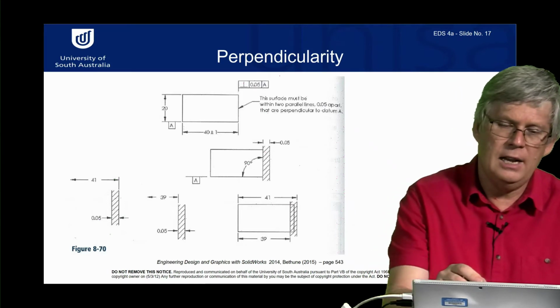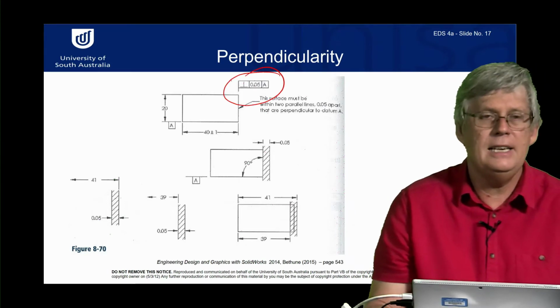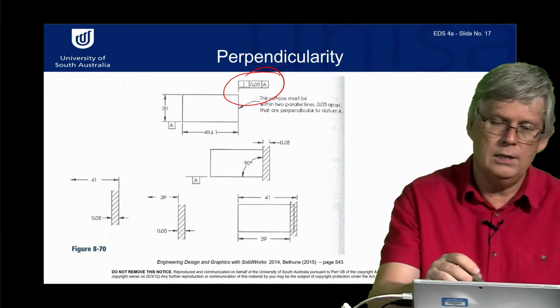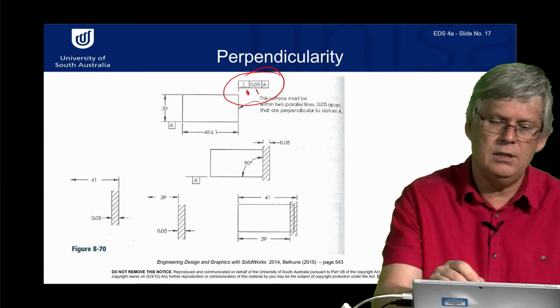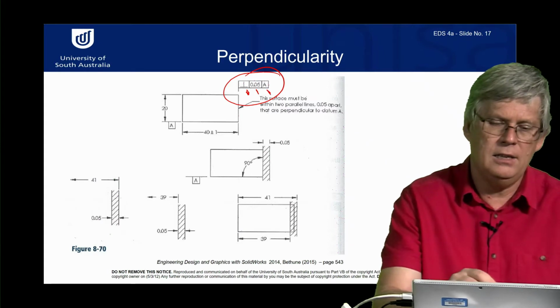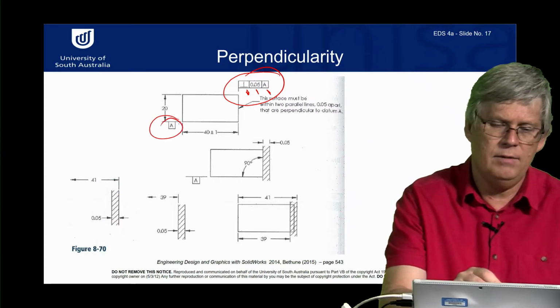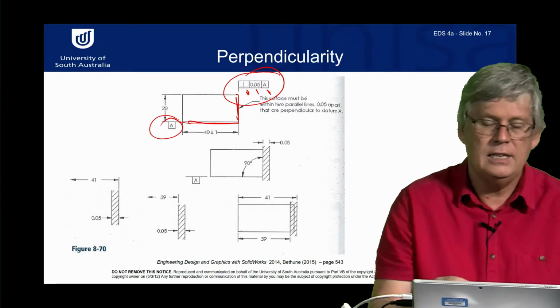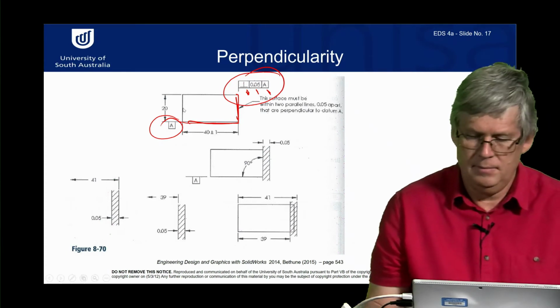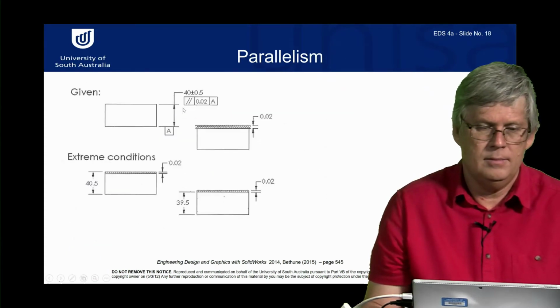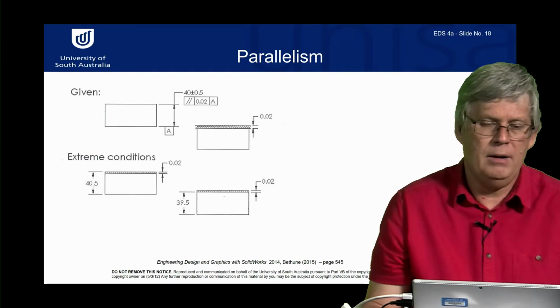So here's our perpendicularity. If we're going to say a face is perpendicular, you need to say perpendicular to what? So it says perpendicular with that symbol, the amount, the accuracy of the perpendicular, and then the datum face. And here's datum face A. So it's saying that face must be perpendicular to that face within 0.05 of a millimetre. We can have parallelism.